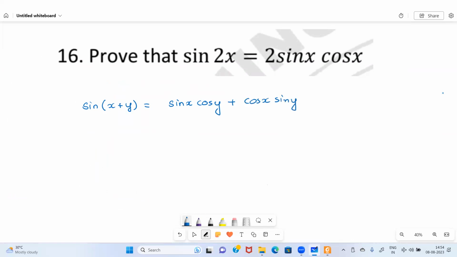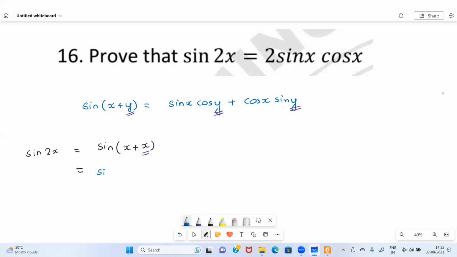Right, students? Now here, when I say sine of 2x, how could I write this? I can write this as sine of x plus x. So if you compare it with this formula, wherever you are having y, you need to replace it with x also. Clear?